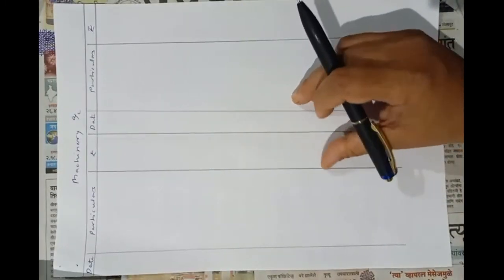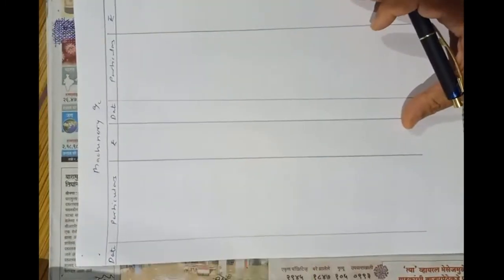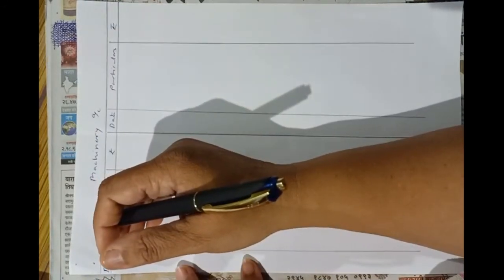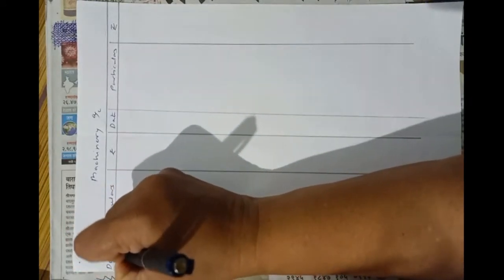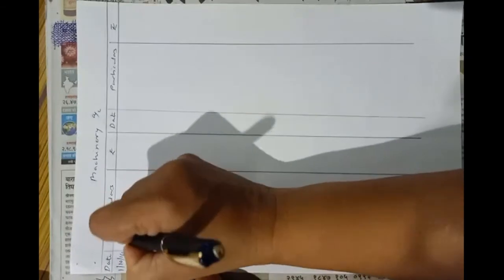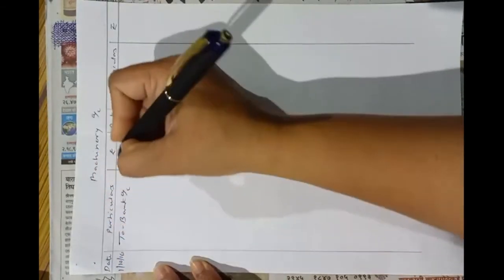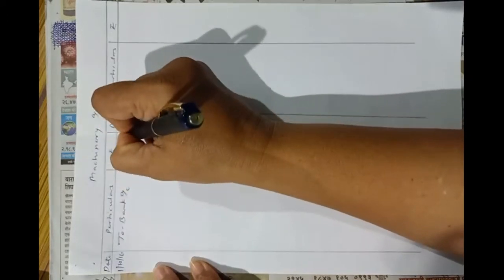Okay, here it is. They told us that they have purchased machinery on 1st October 2016. So on 1st October 2016, to bank account, amount is 32,000.